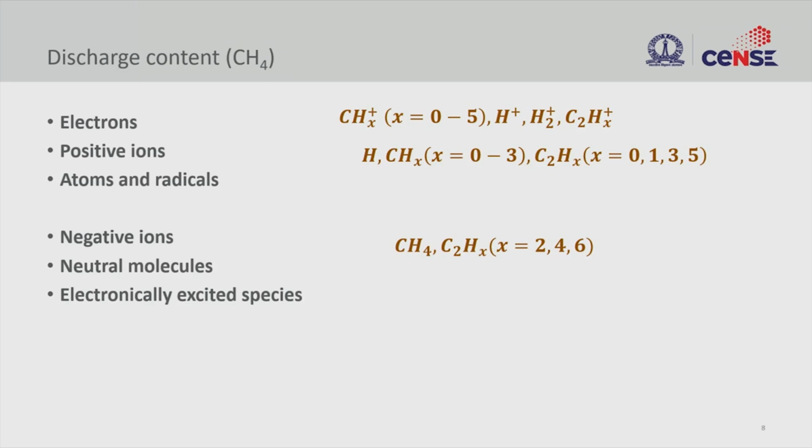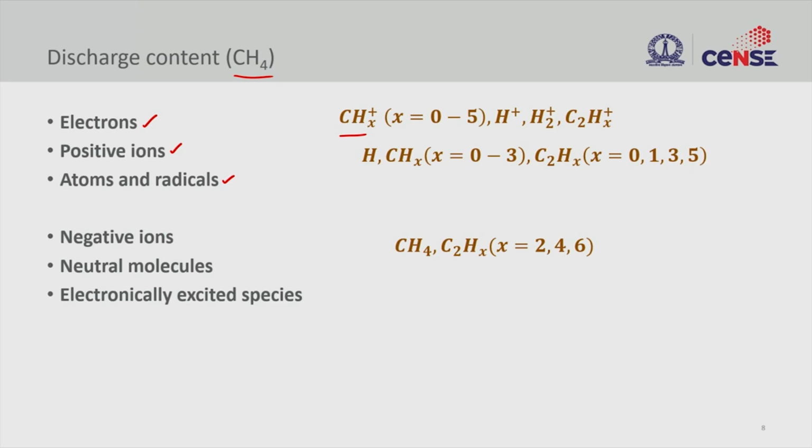So it will create a lot of electrons, of course. In this case, we are taking a simple CH4 methane plasma. You will generate positive ions, you will generate atoms and radicals, right? So you have a huge combination. CHx is a combo, so one can get various compositions, right?